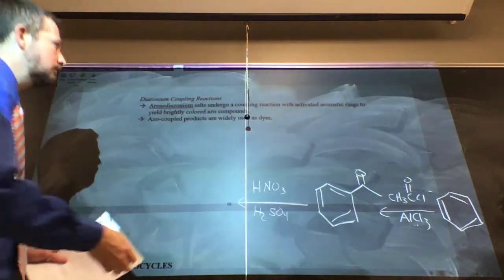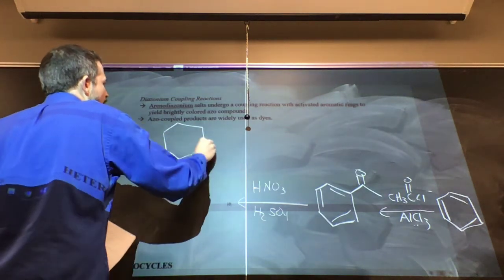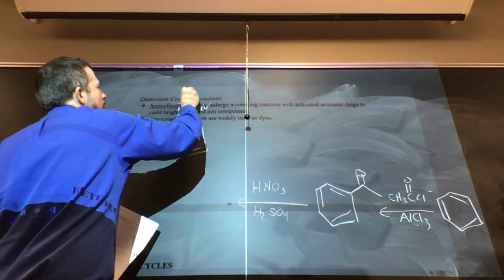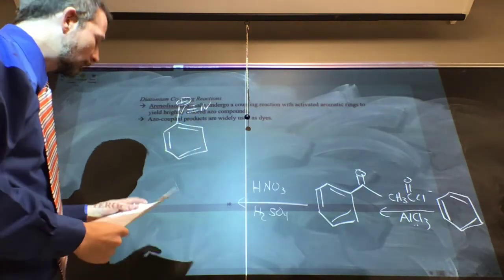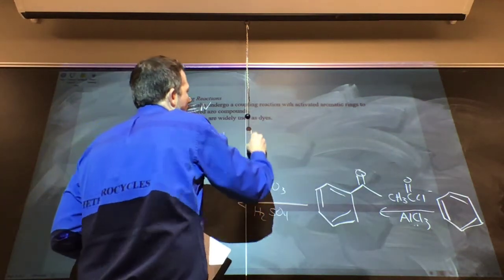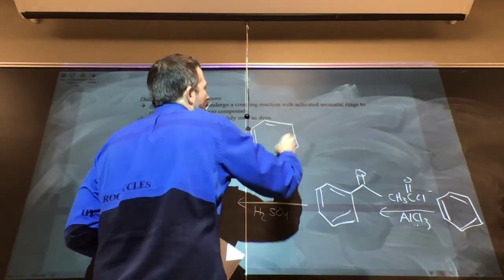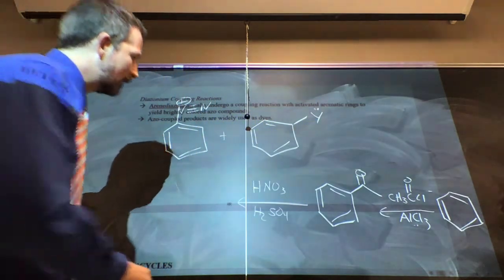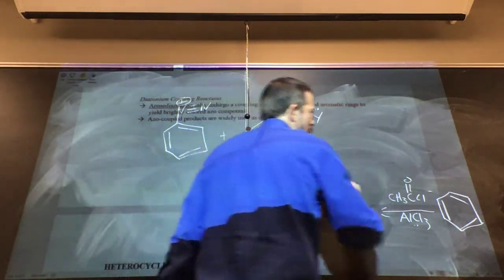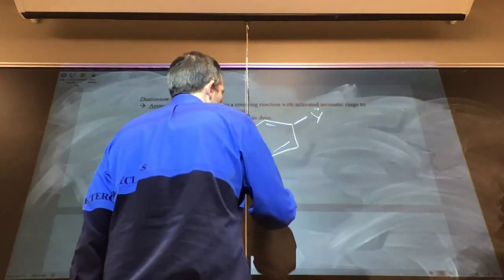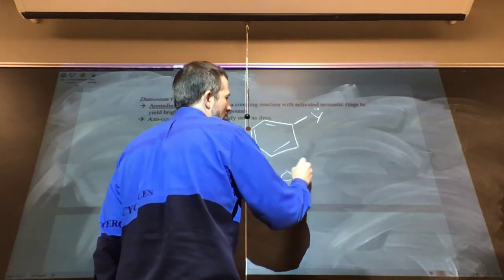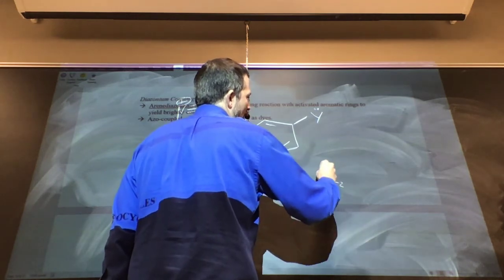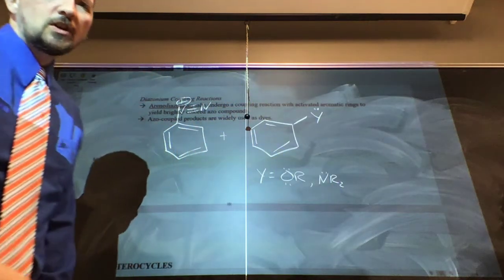So in this reaction, you have your diazonium salt, plus an activated aromatic ring. So this is something with a lone pair of electrons, something with like an oxygen or nitrogen on it.